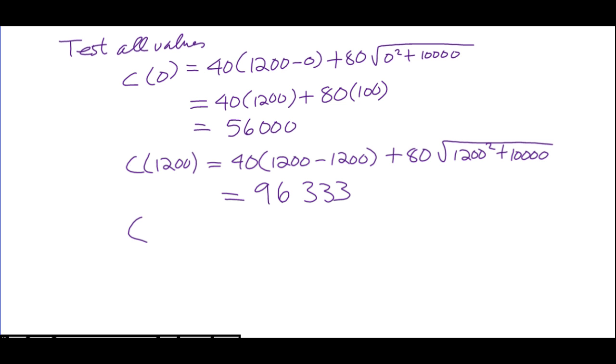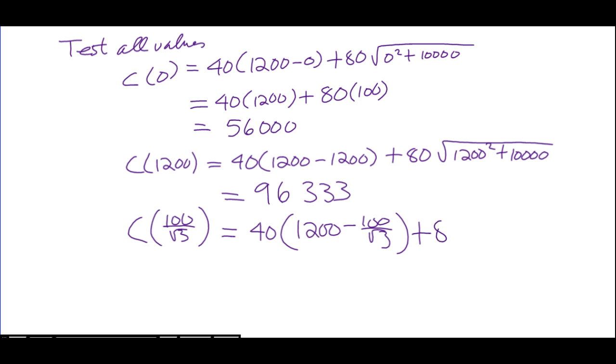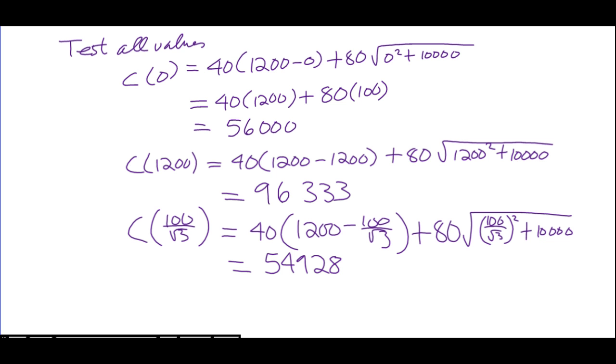And if x is 100 over root 3, okay, so that's 54,928, which is the minimum.